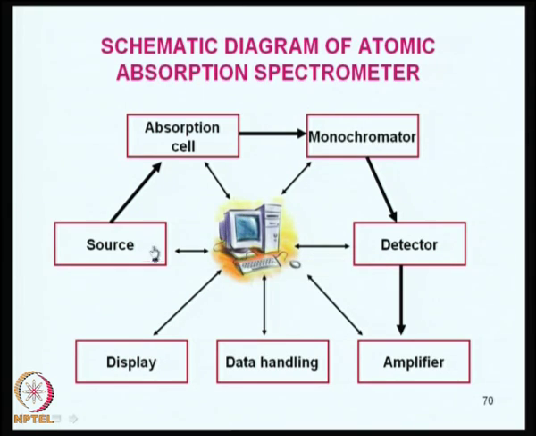So, we can use the microprocessor to give voltage to the source and light up the lamp, measure the absorbance, use a monochromator for adjusting the wavelength using a servo motor, and then the detector optics can be organized and adjusted using a microcomputer, and then we have a detector, amplifier, and data handling.